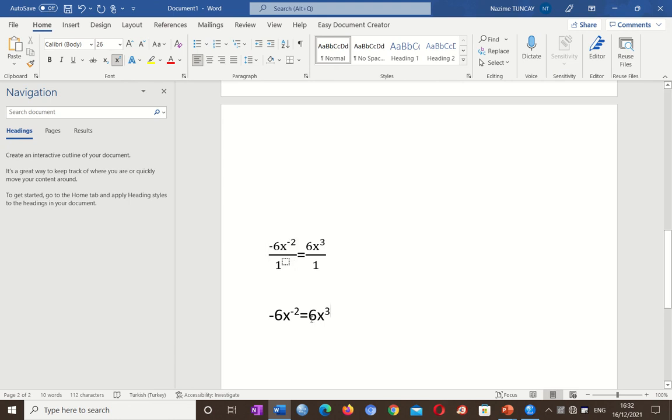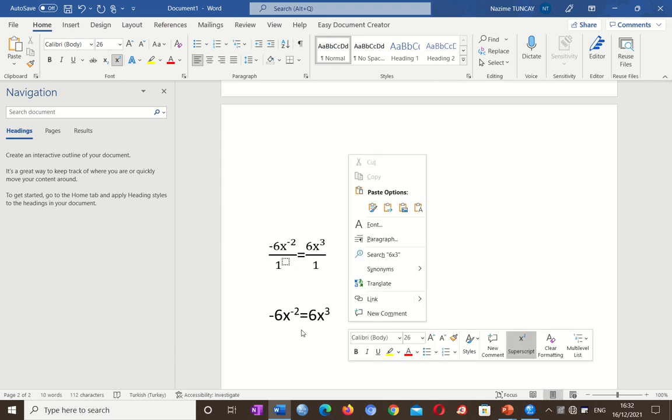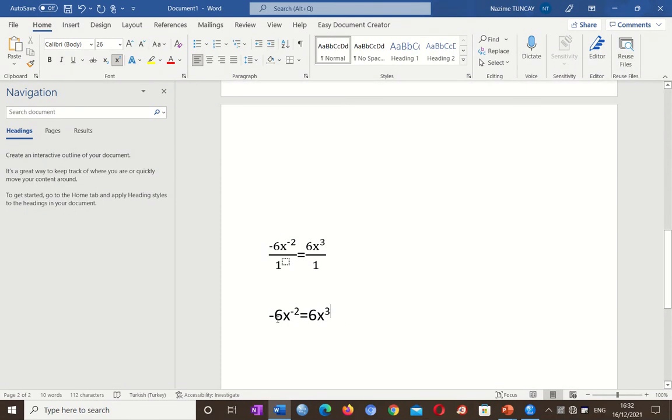So here, how can we solve this equation? Yes, we have to take x to one side. There are different ways. We can divide by 6 both sides, and what is left if we divide by 6 on both sides?